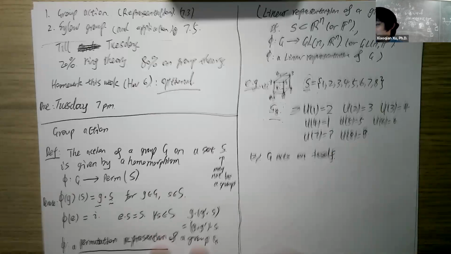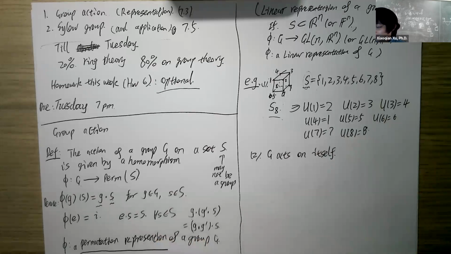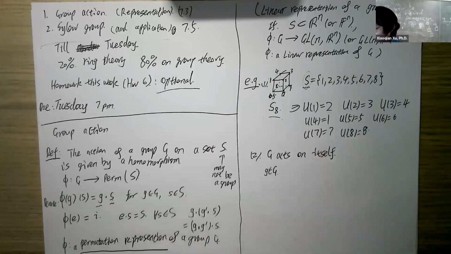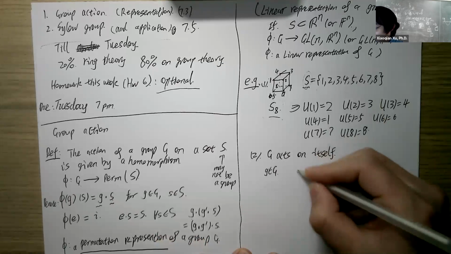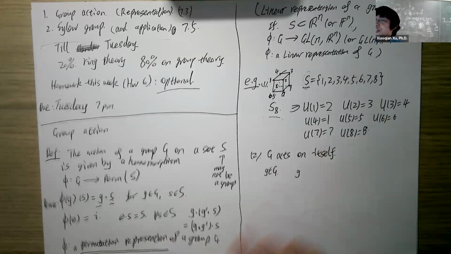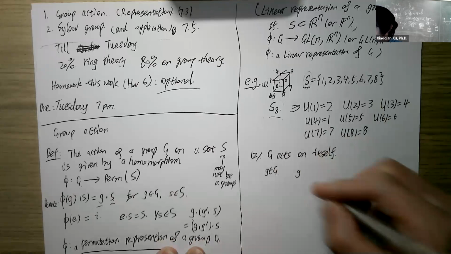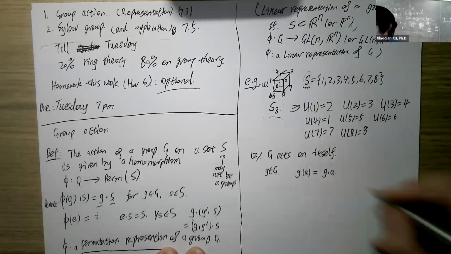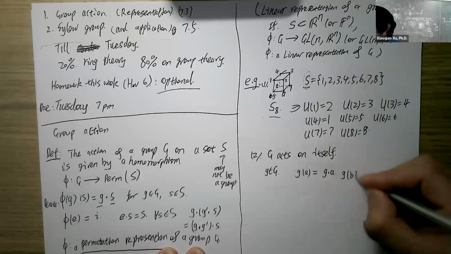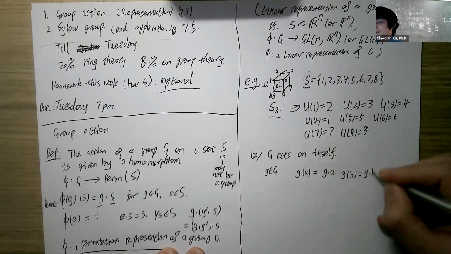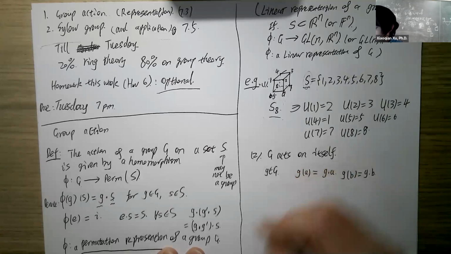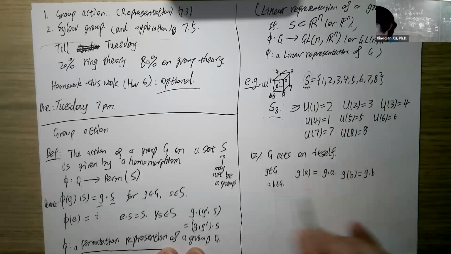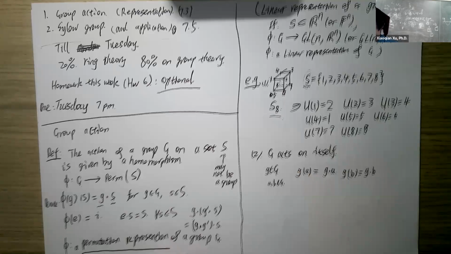Then every element in G is naturally defined to act on this whole group G, right? G acting on A is equal to G times A. G acting on B is equal to G times B. G is an element, A, B are both elements in G, then this little g can act on any element of this group G.